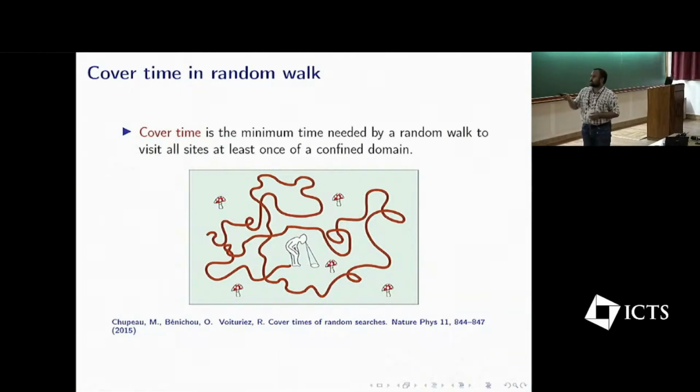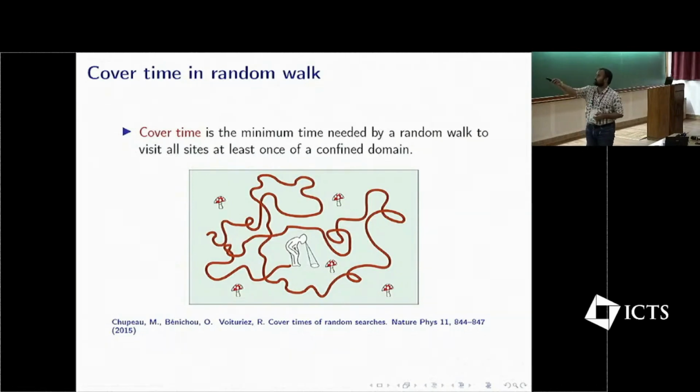Let's say you can see in this picture there are different targets and some searcher is searching for them. At some point of time it has found all the targets, and whenever it finds the last target for at least once, the process concludes. This picture has been taken from this paper.